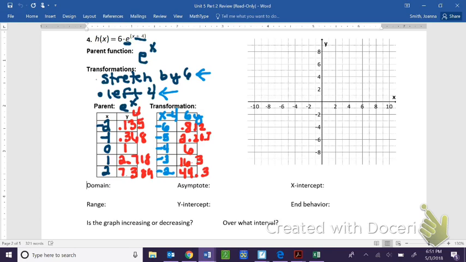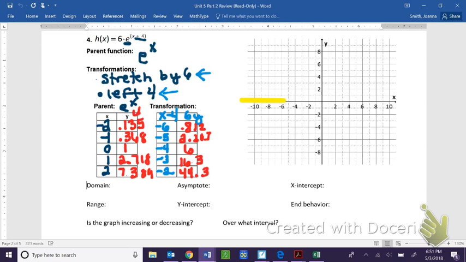So the first thing I'm going to do, since it's an exponential function, is sketch my asymptote. In an exponential function, what is my asymptote? It is my k value. Did we move up or down? No, we did not. So what we know is that there is a plus 0 on the end of this parent function.